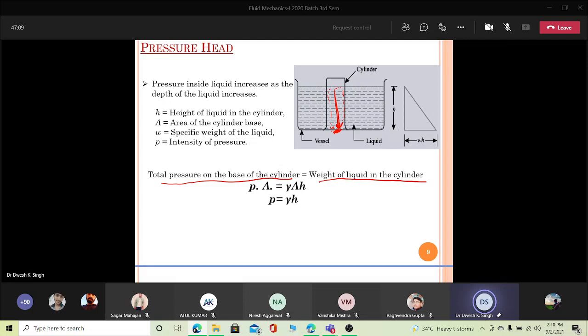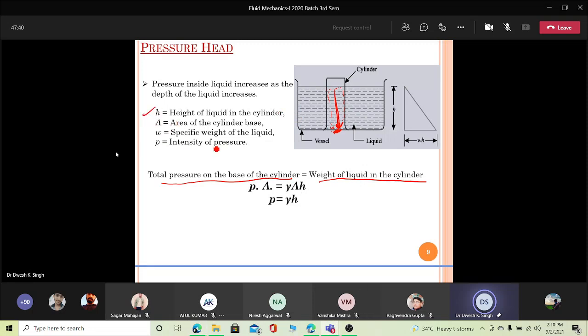If they do not maintain equilibrium, then there will be motion. So the two forces are the weight and the force applied by the fluid, generally taken in terms of pressure. What we have discussed is the theoretical part. Now let us do the mathematical part.